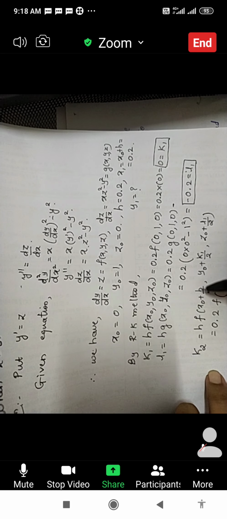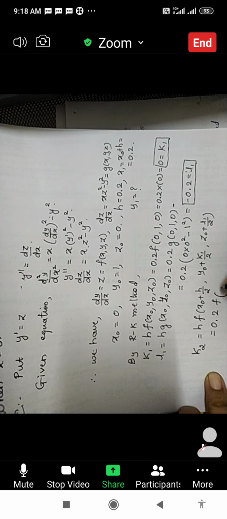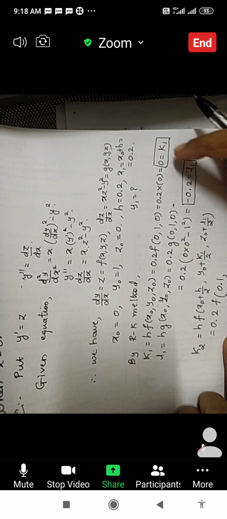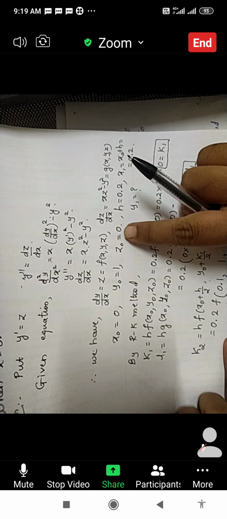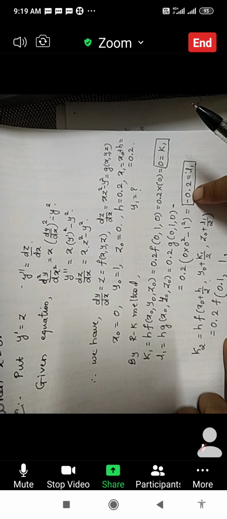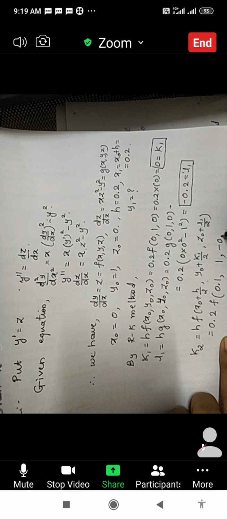We take h by 2, which is 0.2 divided by 2, that is 0.1. y naught is 1, plus K1 which is 0, so it is 1 only. z naught is 0, plus L1 by 2, which is minus 0.2 divided by 2, that is minus 0.1.